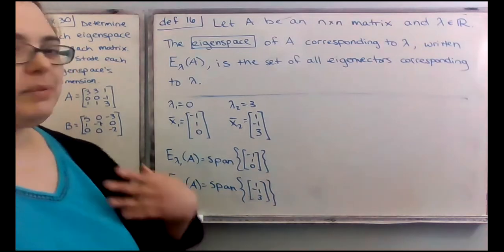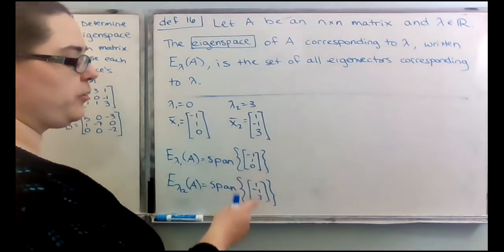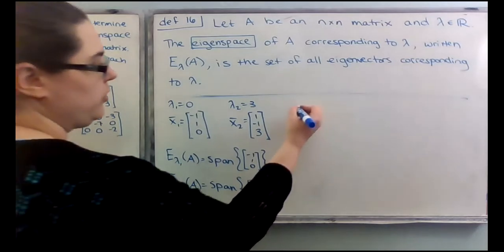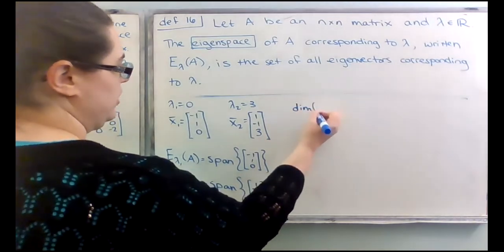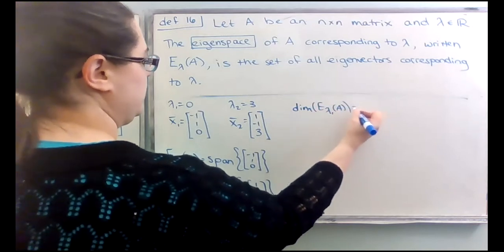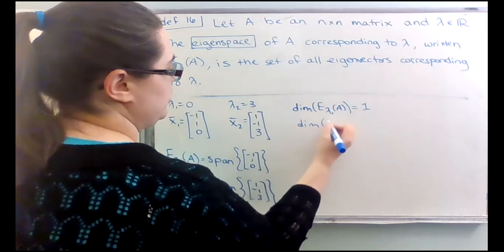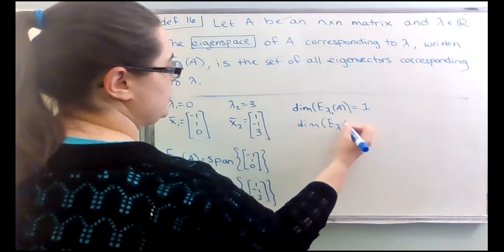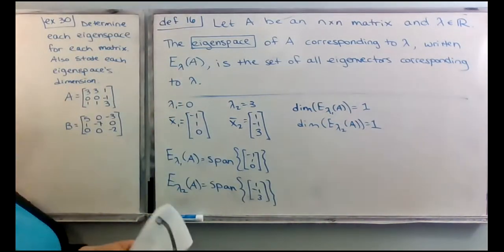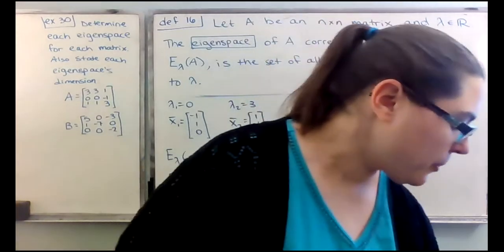Now, because each of these is only one vector forming our basis, each has a dimension of 1. So the dimension of E lambda 1 of A is going to be 1, as is the dimension of the eigenspace of the second eigenvalue. And there we go. That's going to be it.